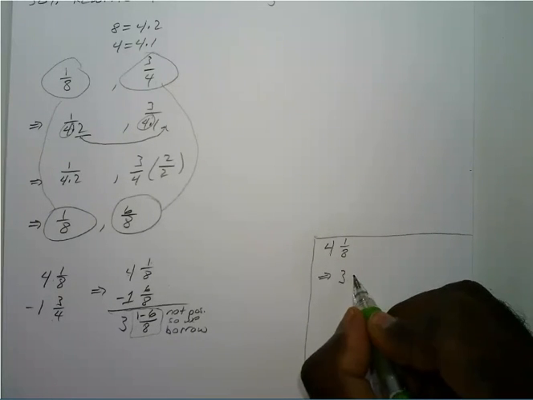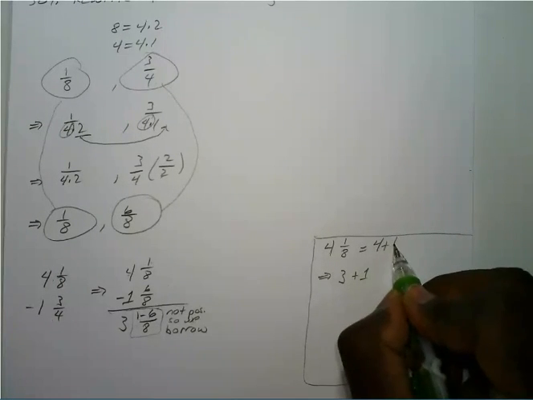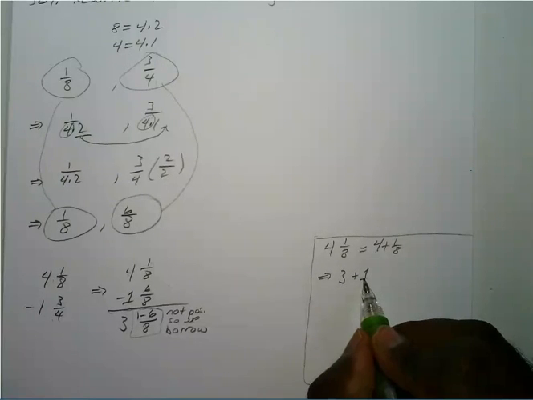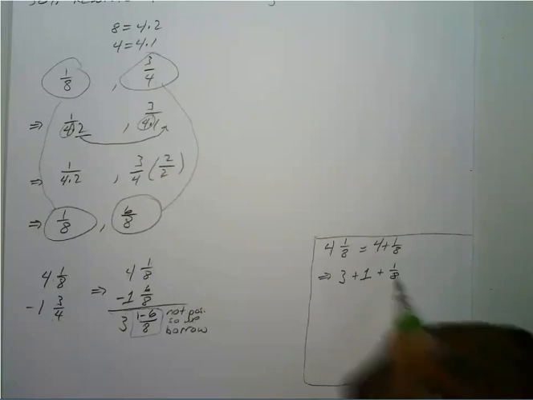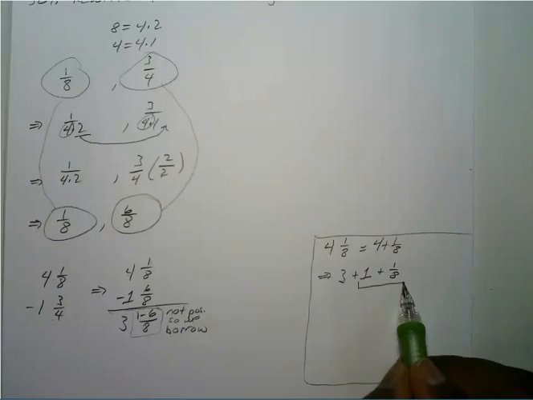So you have 3 plus 1. Well, remember, this is just 4 plus 1/8. So that's first and foremost. So that 4 would just become 3 plus 1. So 3 plus 1 plus 1/8. Okay, so before, when we had those two combined, now we're going to combine these two.